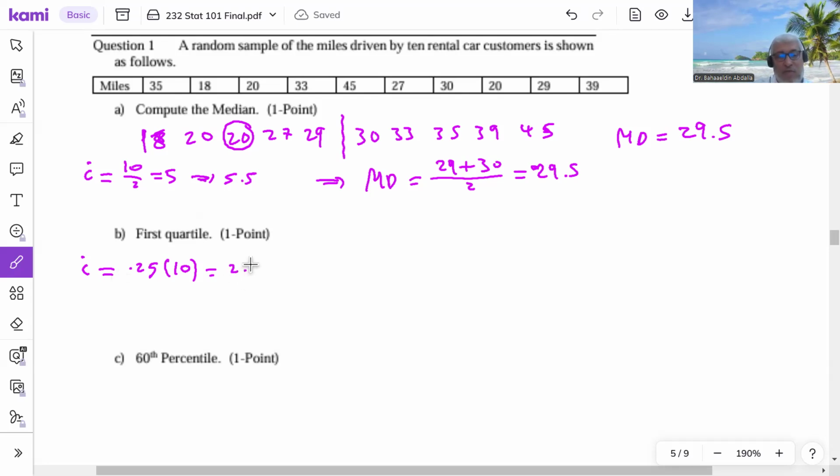When i is 2.5, you round it up to the next integer, so 3, the third number. So Q1 is 20. You can find it directly, as I told you, or from here, no problem.